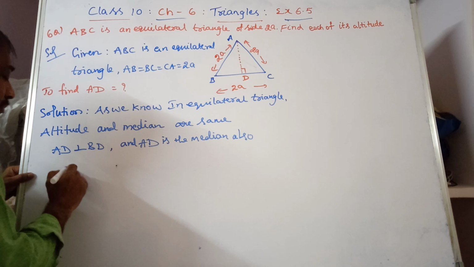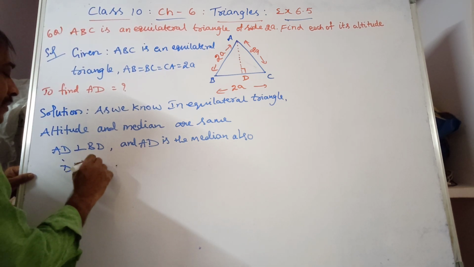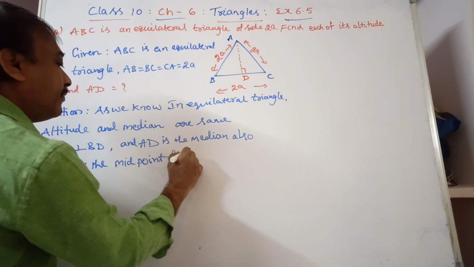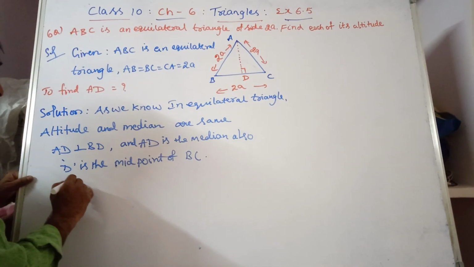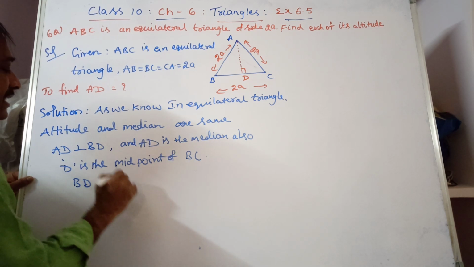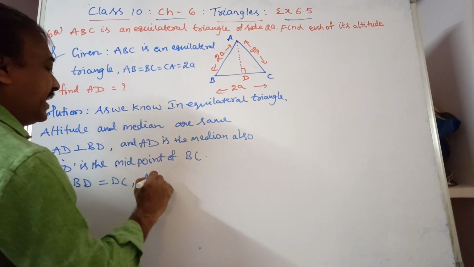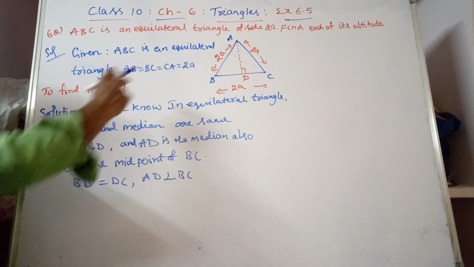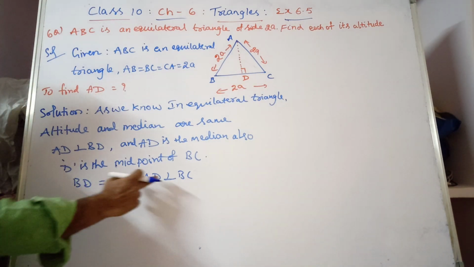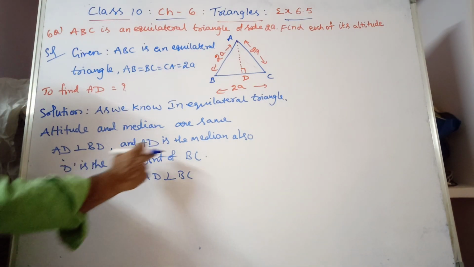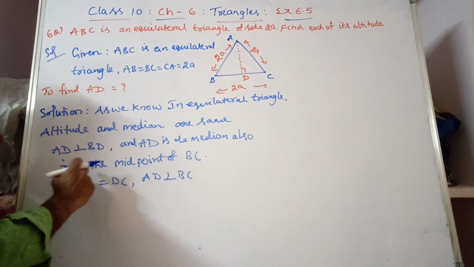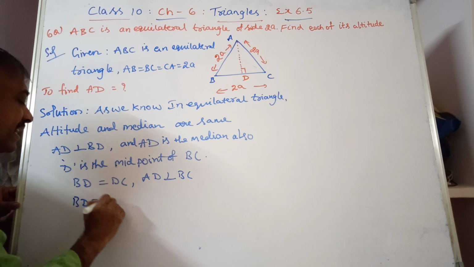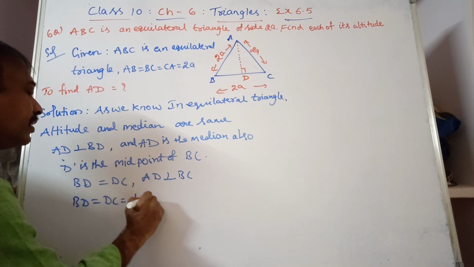Median means D is the midpoint of BC. So BD equals DC, and AD is perpendicular to BC. So BD equals DC equals half of BC.